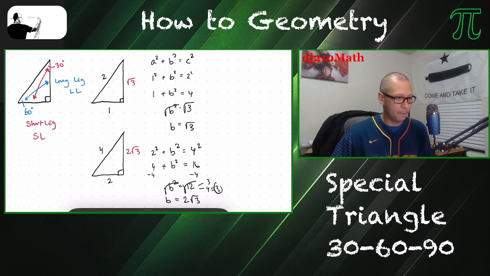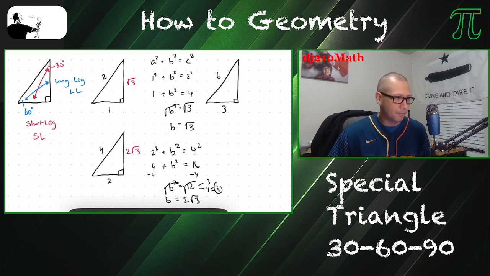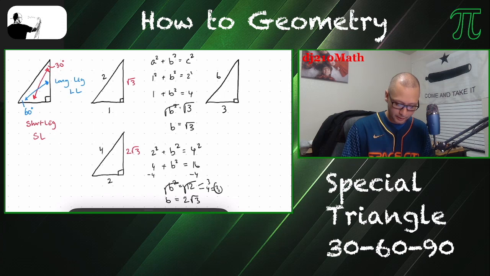I feel like we can make a pretty good prediction on what the pattern is going to be. But let's see one more example, and I think that'll solidify what the pattern actually is. Here we have the short leg is 3 and the hypotenuse is 6. Again, applying the Pythagorean theorem, we get the short leg, 3 squared, plus b squared, which is equal to the hypotenuse 6 squared. 9 plus b squared is equal to 36.